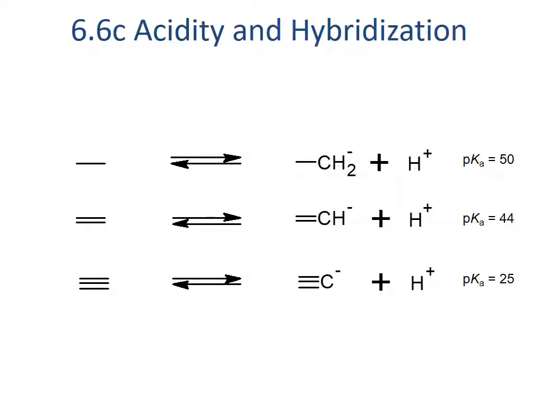So the more s character, the more electronegative, the more stable the charge, and the more acidic the attached protons. Like 25 orders of magnitude more acidic. A pKa of 25 is still pretty high. It's still going to take a really strong base to deprotonate an alkyne, but it's possible.